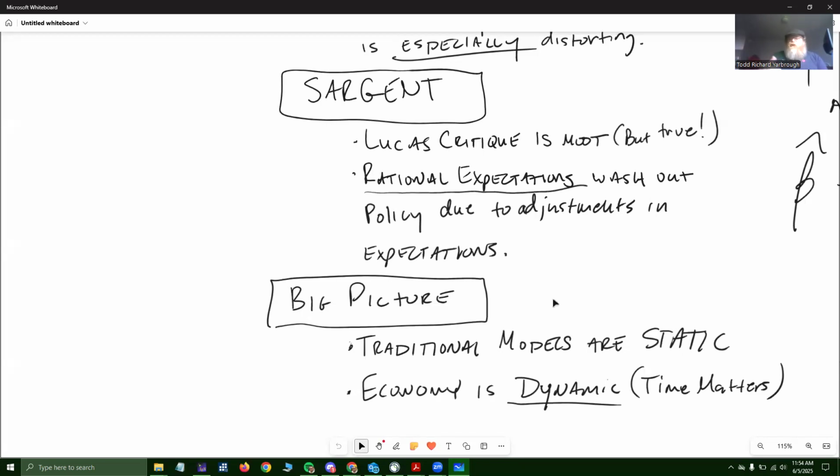What Sargent argued was that the policy merely becomes another part of the expectations generation, to the extent that if you signal a particular policy, people will already behave according to what they think that policy is going to do. Sargent takes this a step further, does a bunch of really fancy math with it, and basically argues that rational expectations should cause markets to completely clear.